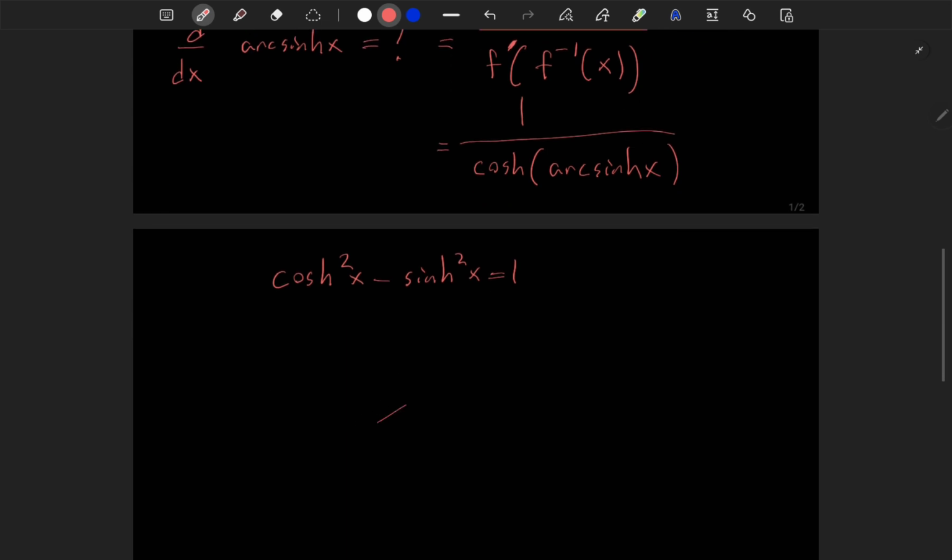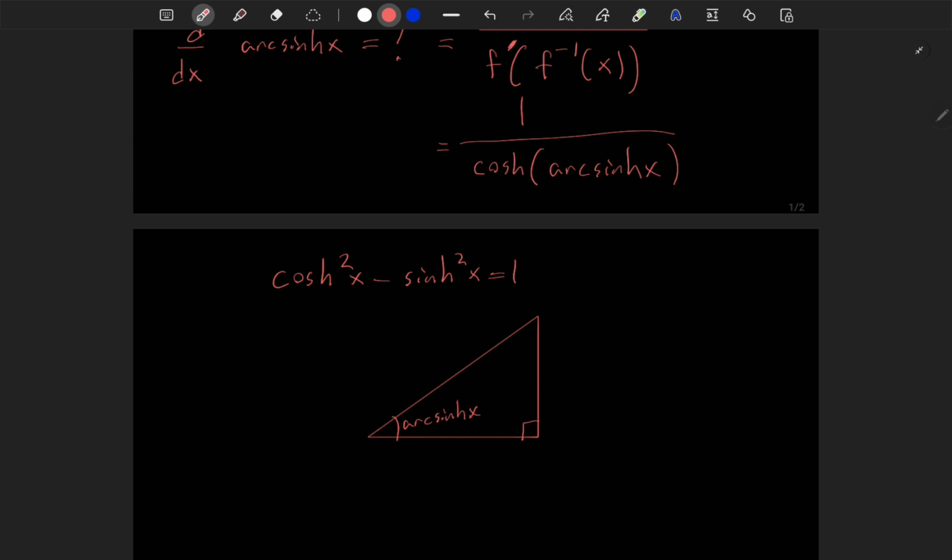So I'm drawing a little pretend mnemonic triangle to think about this. I wouldn't take it nearly as literally as the usual one in trigonometry. Here is our angle, arc sinh of x.